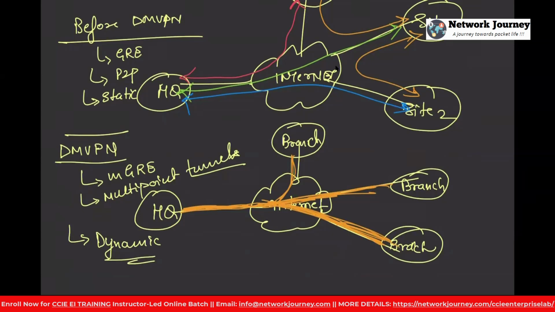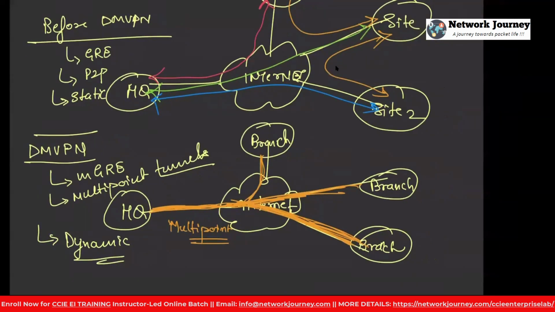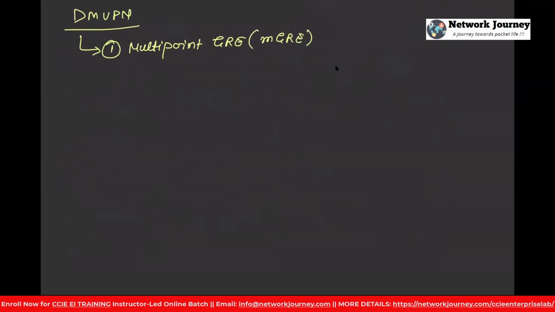Now to discuss DMVPN further, DMVPN has four components. The first component is known as multi-point GRE, which is known as MGRE.